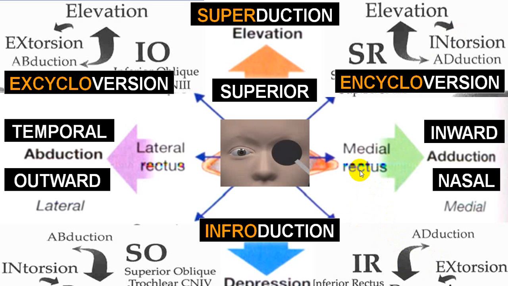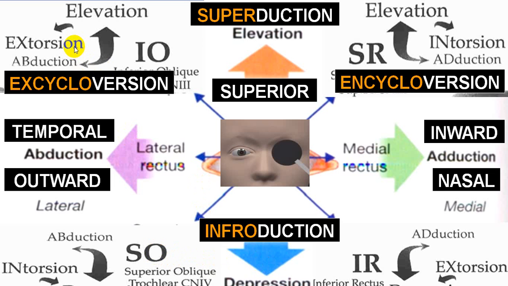So putting together, adduction will be done by superior rectus, inferior rectus and medial rectus, while lateral movement, or abduction, will be done mainly by lateral rectus and partly by inferior oblique and superior oblique. Elevation will be done by superior rectus as well as inferior oblique, while downward movement will be done by superior oblique and inferior rectus.